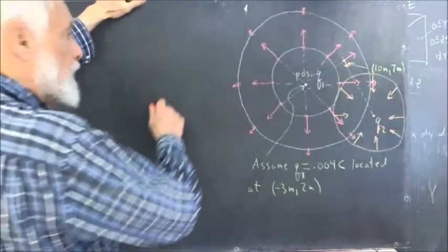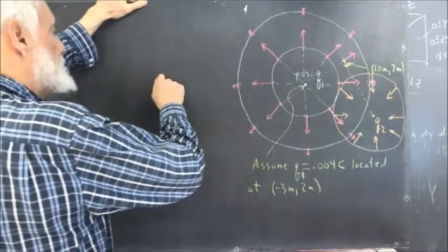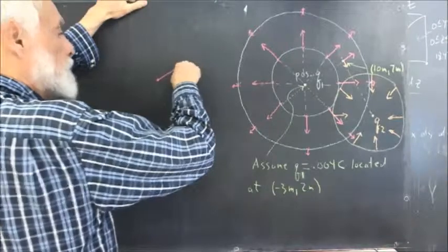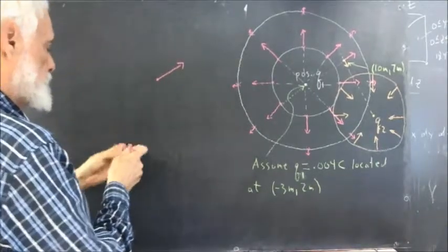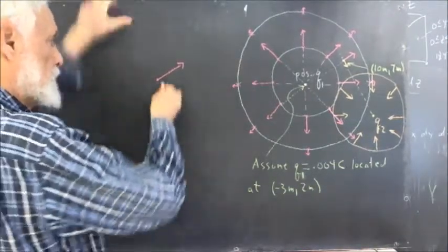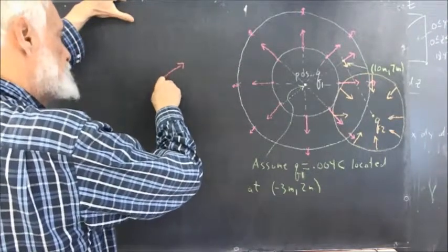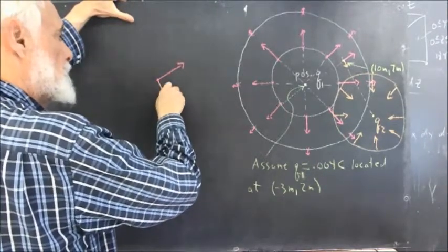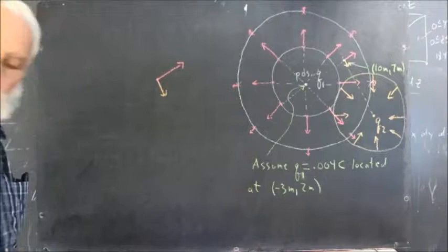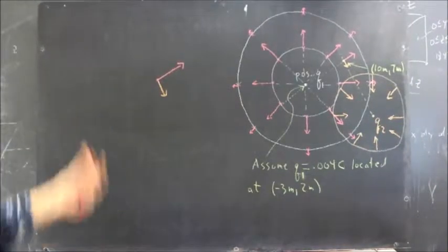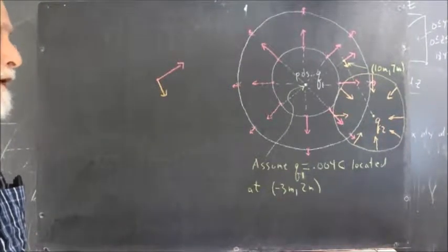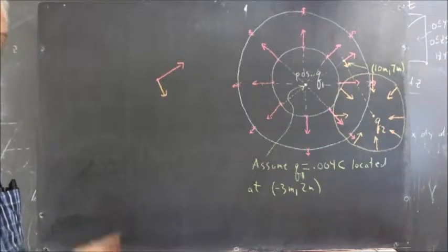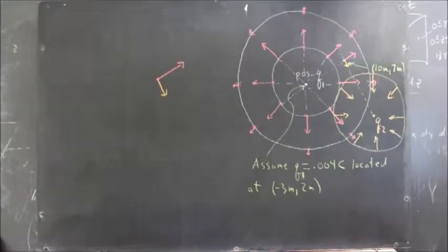So that we have at this point this field and this field. Sketch, if you would, the net electric field that you would expect at the point.